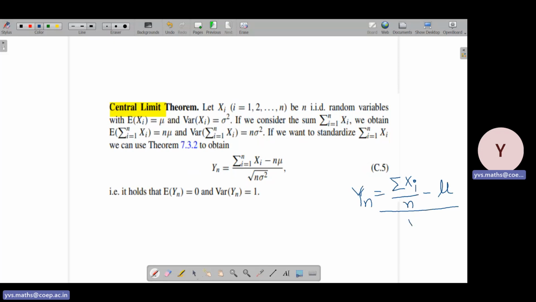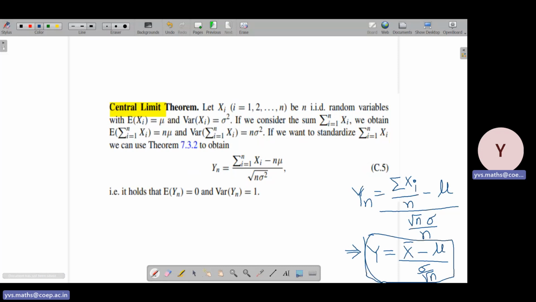So in the denominator we have square root of n into sigma divided by n. This implies that capital Y is X bar minus mu upon sigma by root n. So this is the central limit theorem.